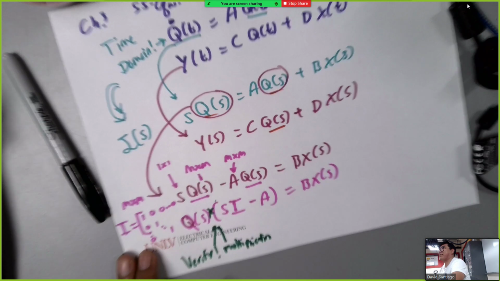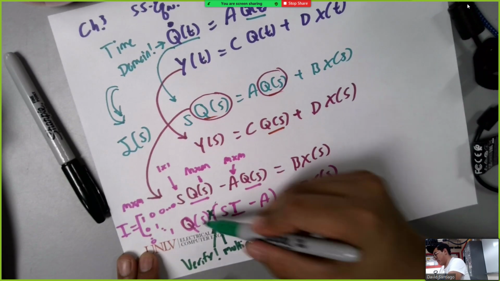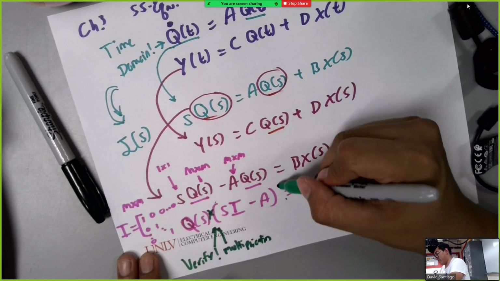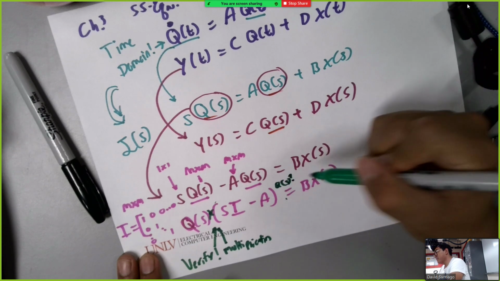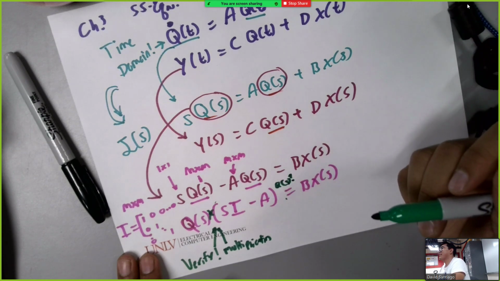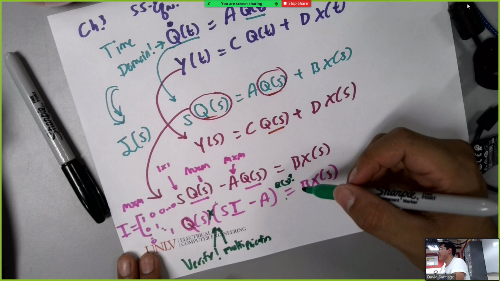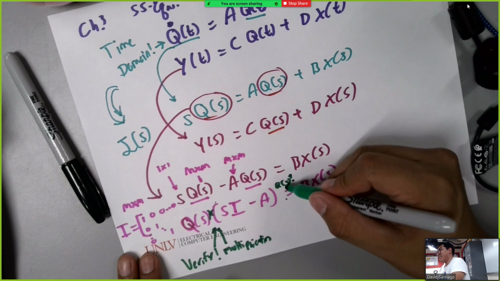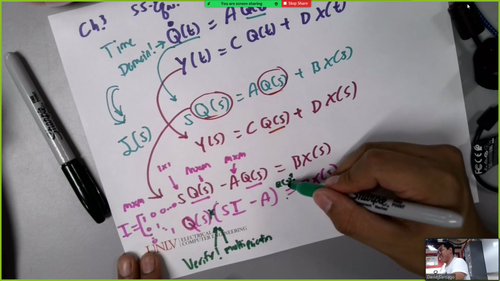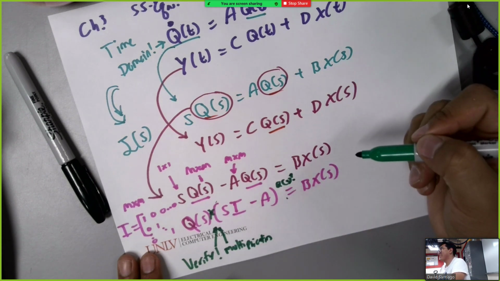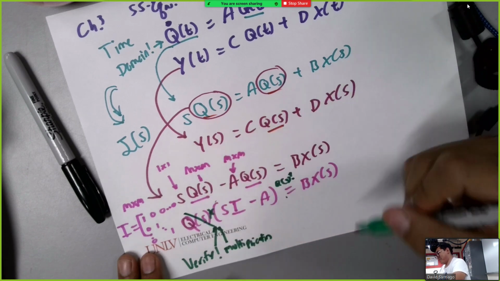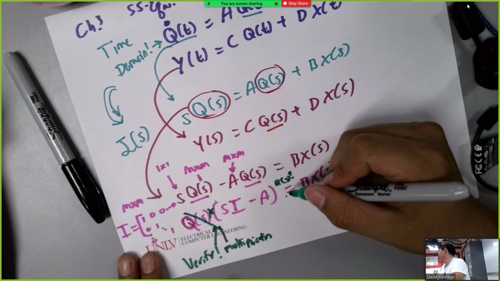Is it on this side or on this side? It's on the right side. This is already on the right side, so we factored it out, so put it back on the right side.